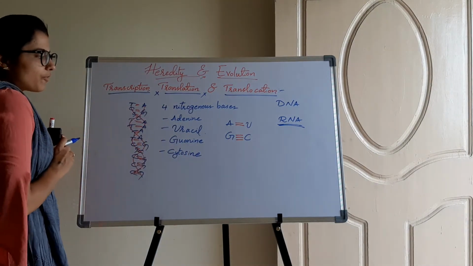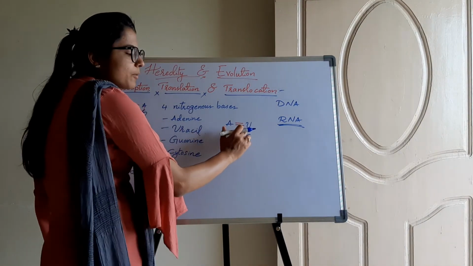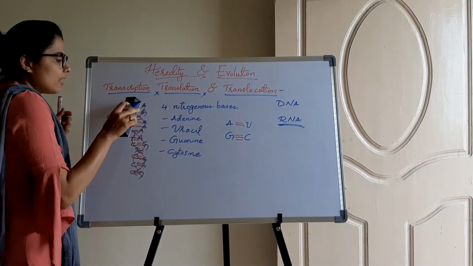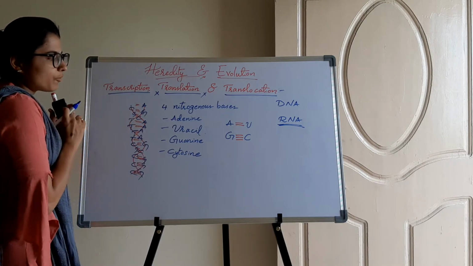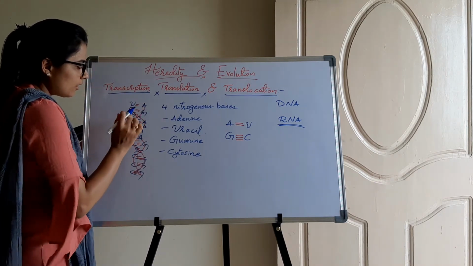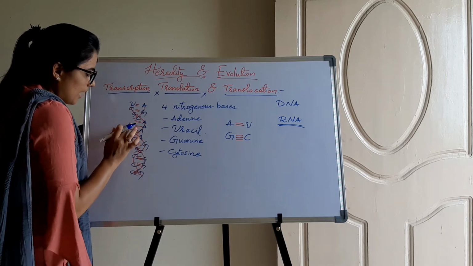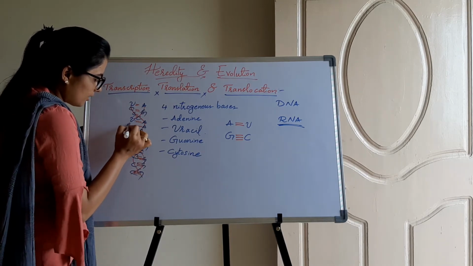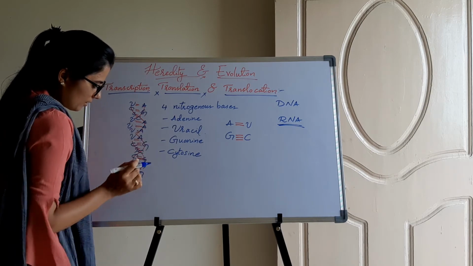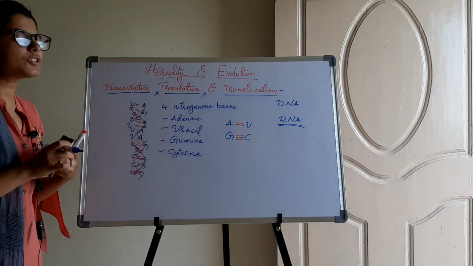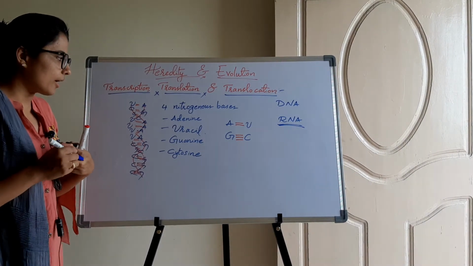Now in the structure of RNA, adenine will always pair with uracil and guanine will always pair with cytosine. So if we look at the structure of RNA, here we'll get uracil. Wherever adenine is present, instead of thymine we'll be having uracil here. That is the major difference in the structure of DNA and RNA.